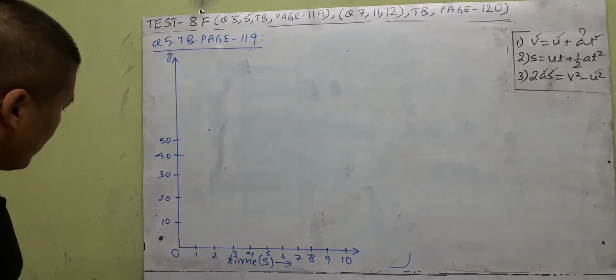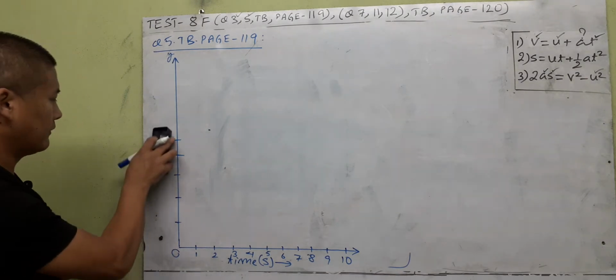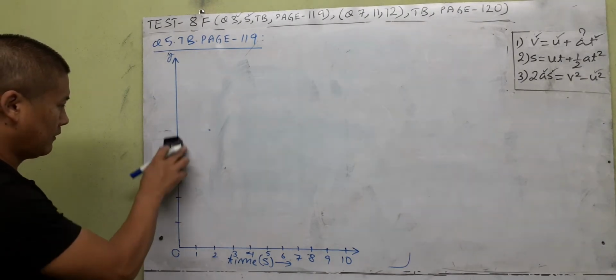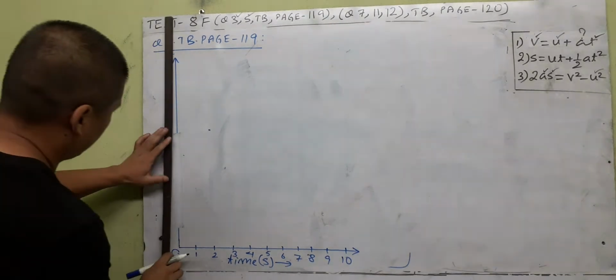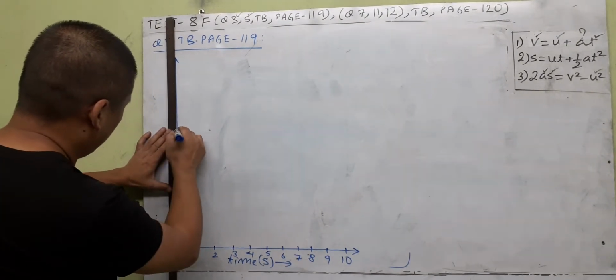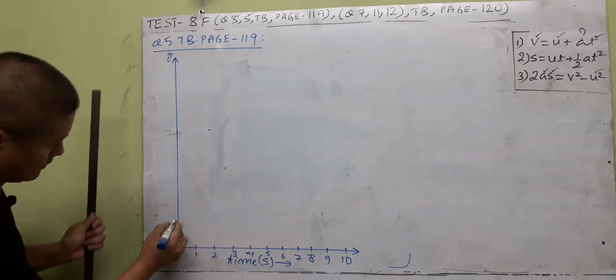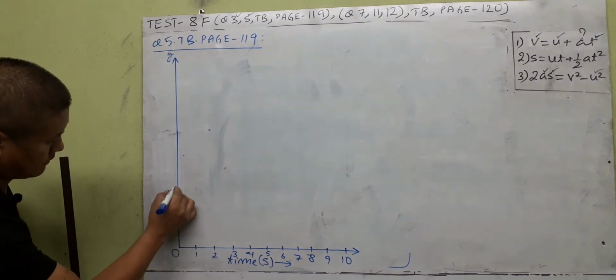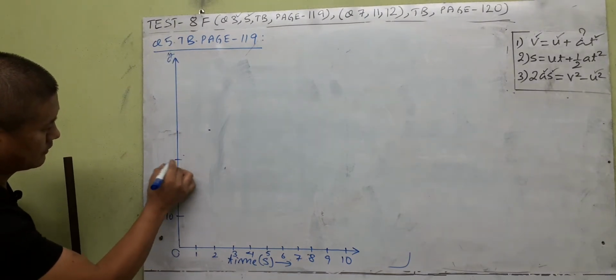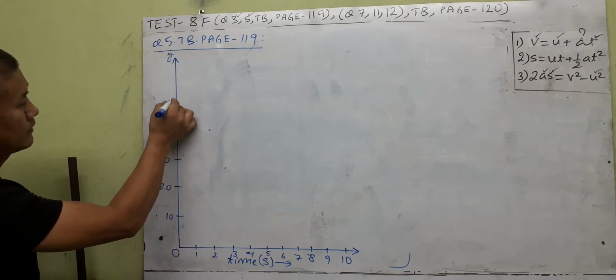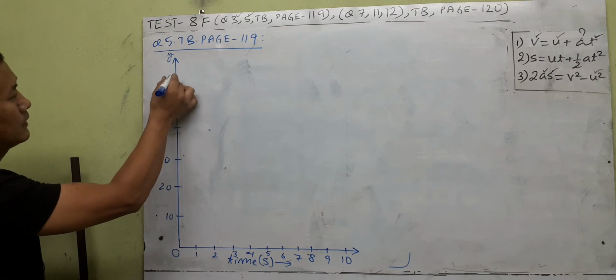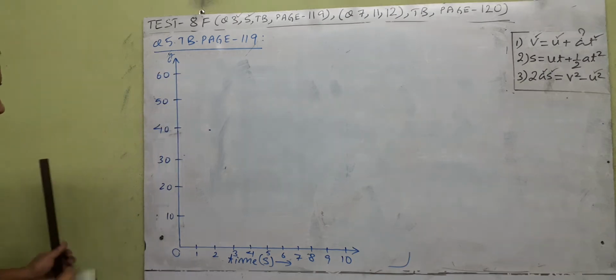Okay, we can plot it more than this, I think. So we have clear graph for us to solve. Okay, so here 10 if we take, then it will go like this: 10, 20, 30, 40, 50, and 60, let us say.